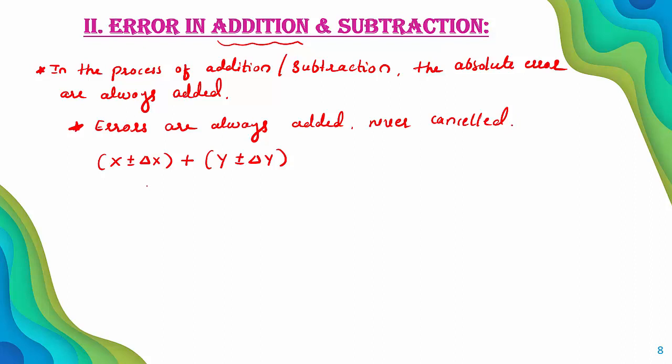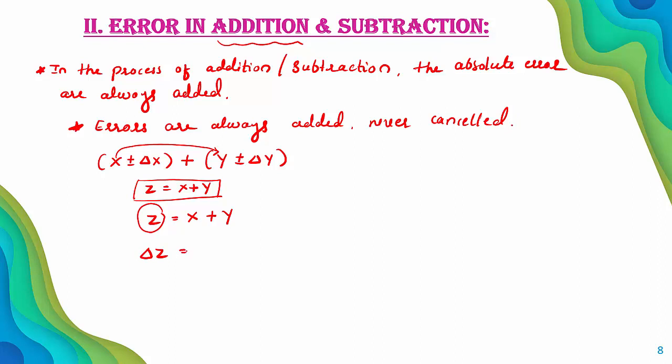So for the first equation we use Z equal to X plus Y. What is the resultant? Z. Z equal to X plus Y. Then what is the error in Z? Let us take the error in Z as delta Z.